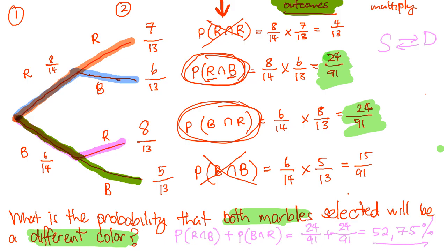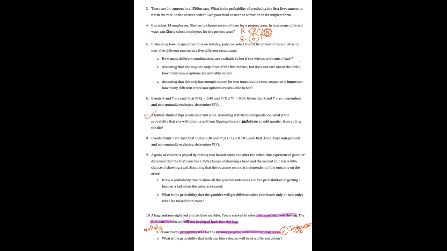In question 7, where did we get the denominator of 6? Let me go back to question 7. Okay, so this was for rolling the dice and tossing the coin.